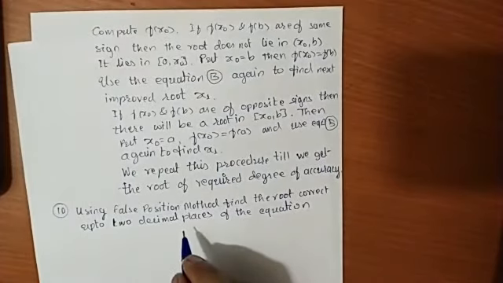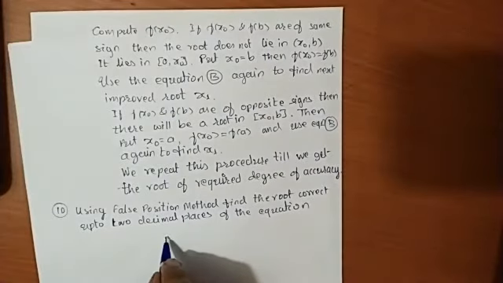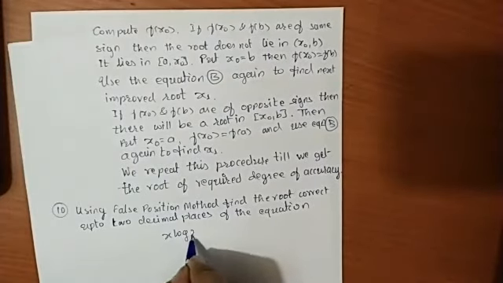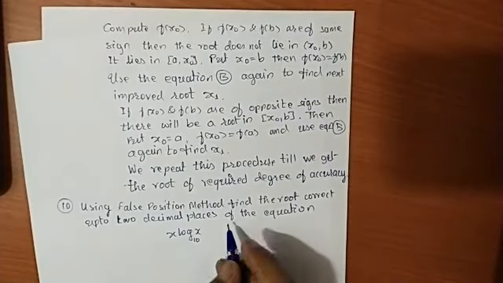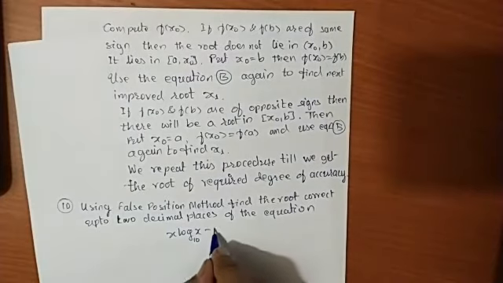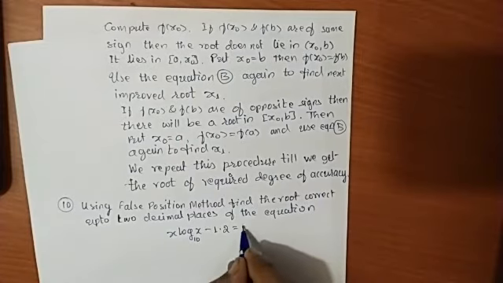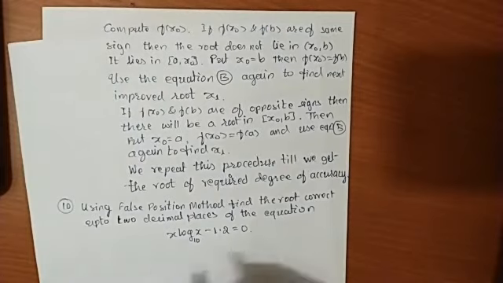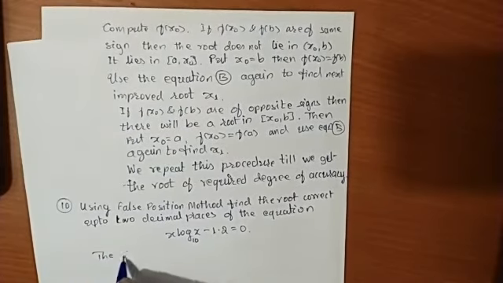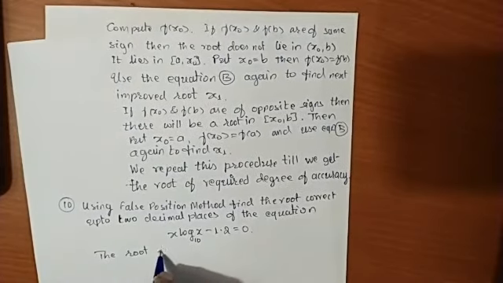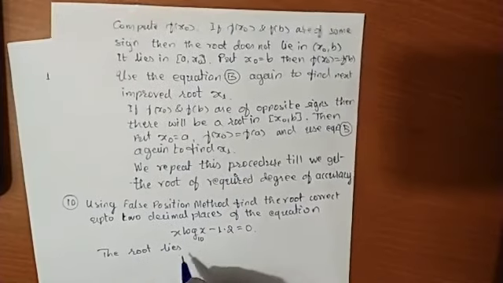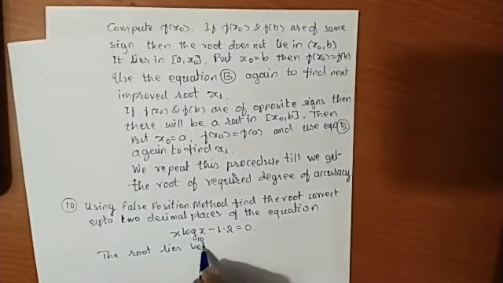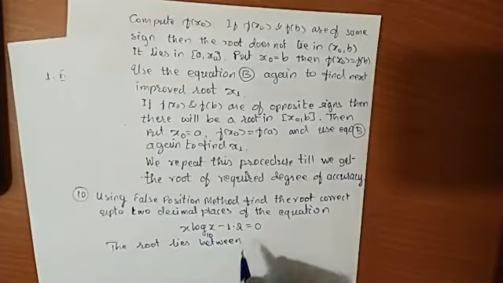x log x to the base 10 minus 1.2 is equal to 0. Here he has given the roots also. The root lies between 2 and 3.